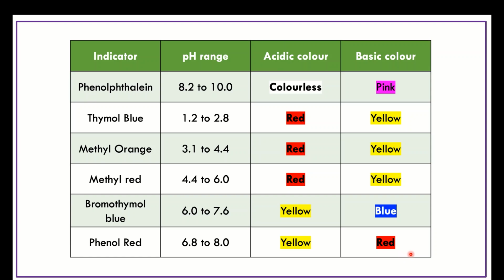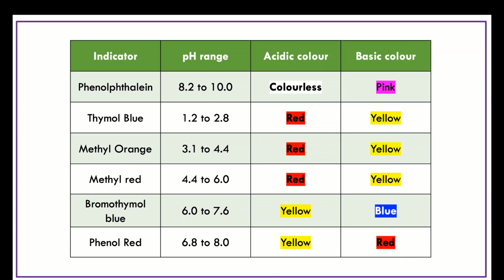So this range and change in the color in the acidic and basic medium you can remember, so that it will be easy for the questions that are asked based on the color change or the range or the solution required, which type of indicator: acidic or basic, strong acid, weak acid, strong base, weak base.